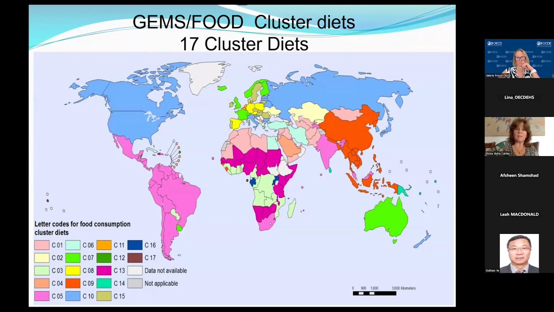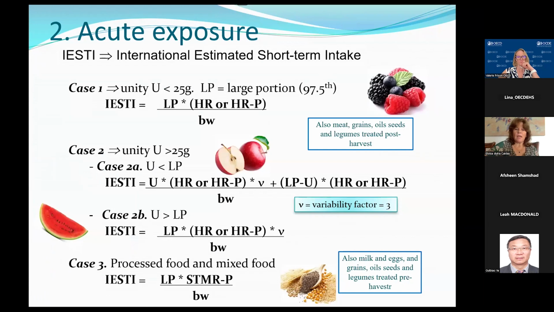Next slide, please. And the acute exposure, as mentioned, you can call it the international estimated short-term intake. It's not so straightforward as the chronic, because we have different cases depending on the unit weight of the crop and the large portion.